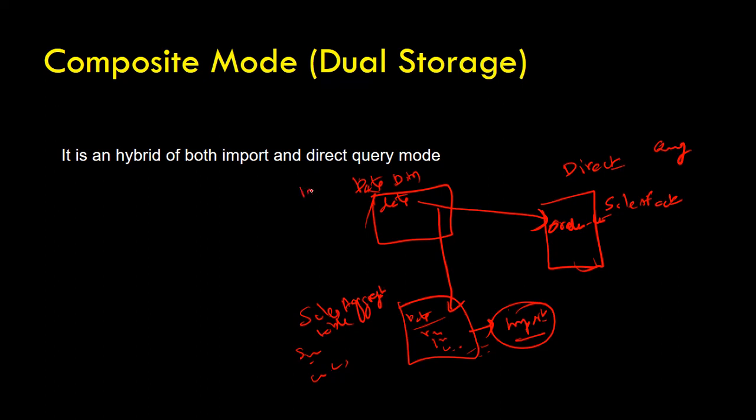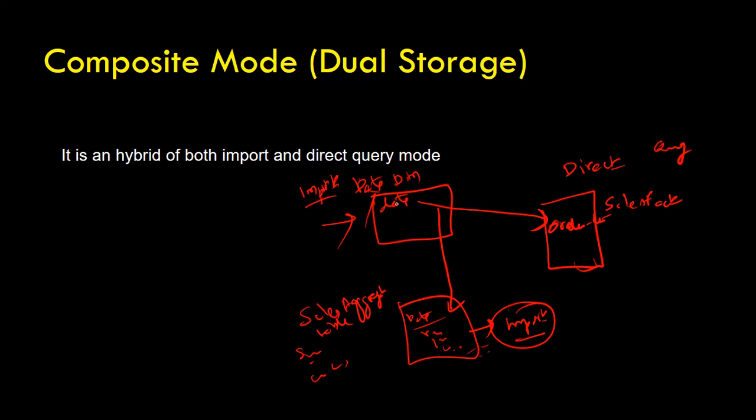If I use import mode for the date dimension, what will happen if I want to filter the sales fact table using the date column? This is an import and this is a direct query mode. This data got cached in your local system, whereas this one is kind of live data. As and when the user raises the order, everything will get stored here. But here you are caching the data.